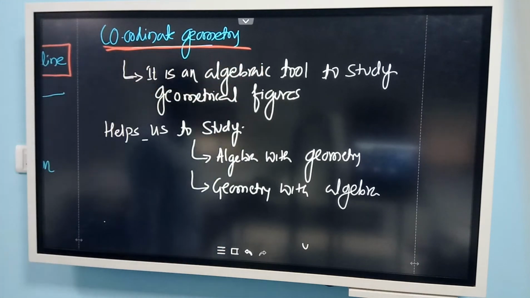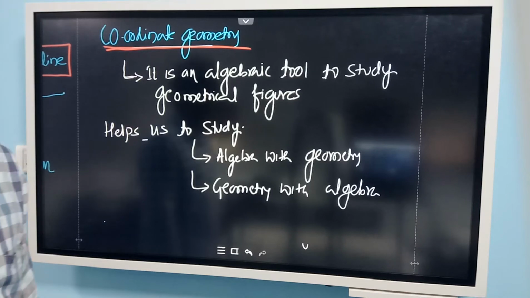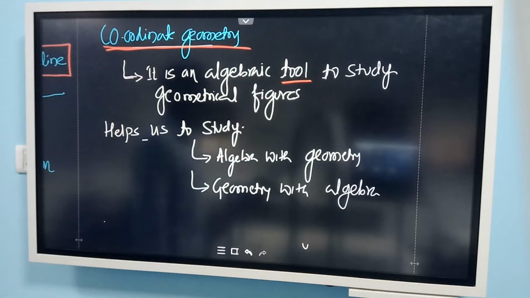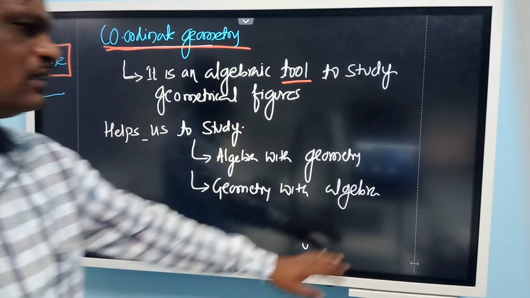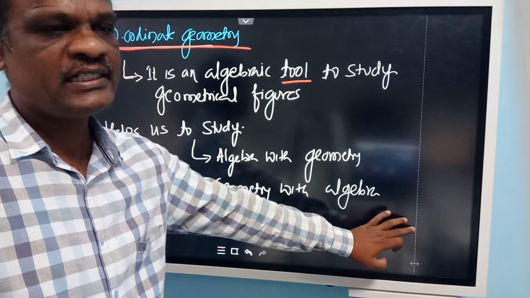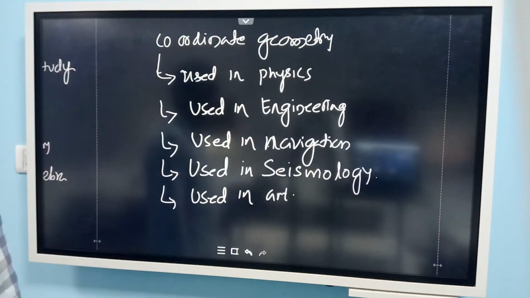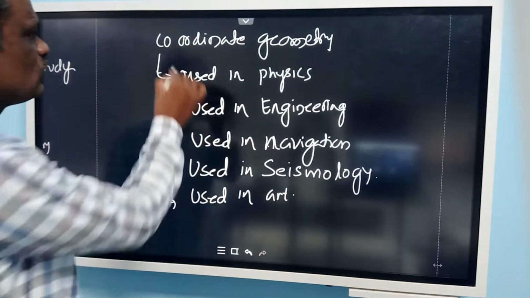We are going to use coordinate geometry in this chapter. Remember, it is an algebraic tool to study geometrical figures. Okay, so that is what coordinate geometry is. Now, what is the use of coordinate geometry?